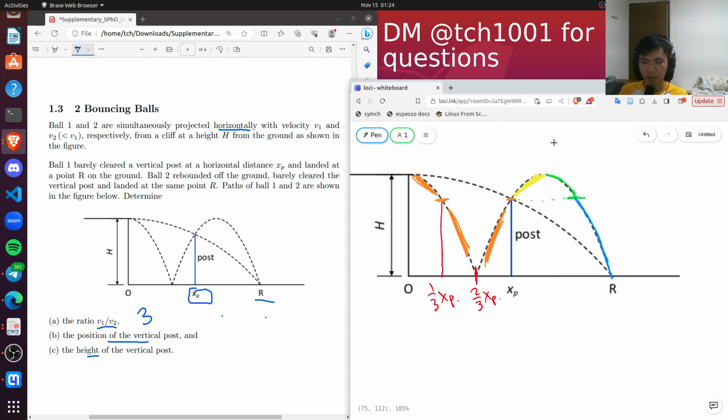We use the fact that parabolic motion, on the way down, up, and back down again, is very symmetric about the peak, about the bouncing point.